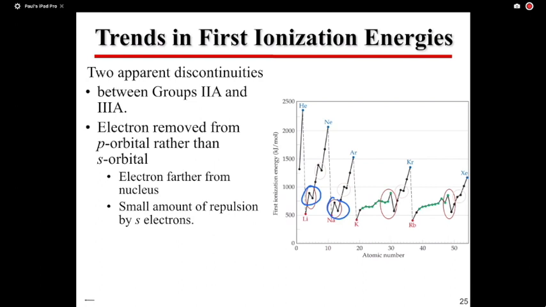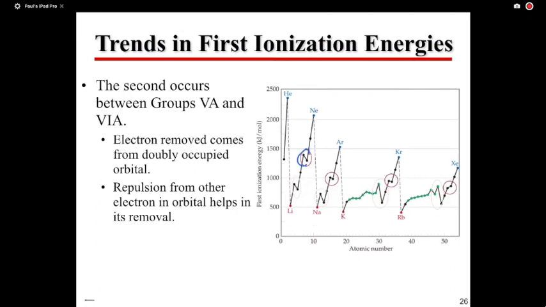There's a second issue right here, okay? When I get to the p, this is boron, then I've got carbon, then I have nitrogen, and then the next one is oxygen. Oxygen's a little bit easier to take off. All right, why is that?